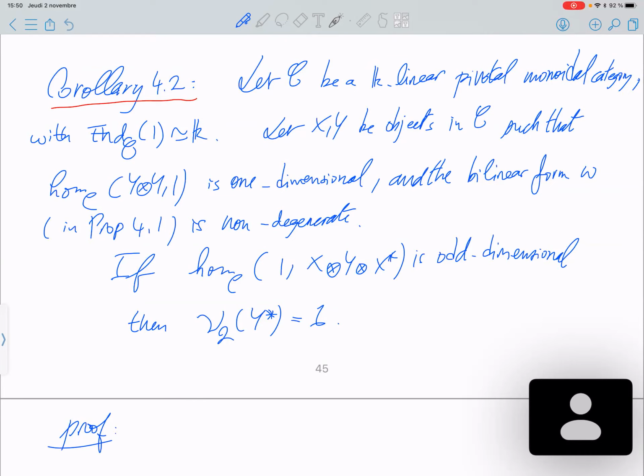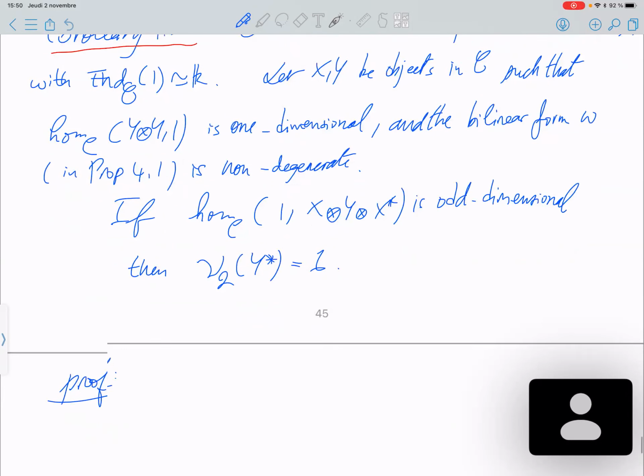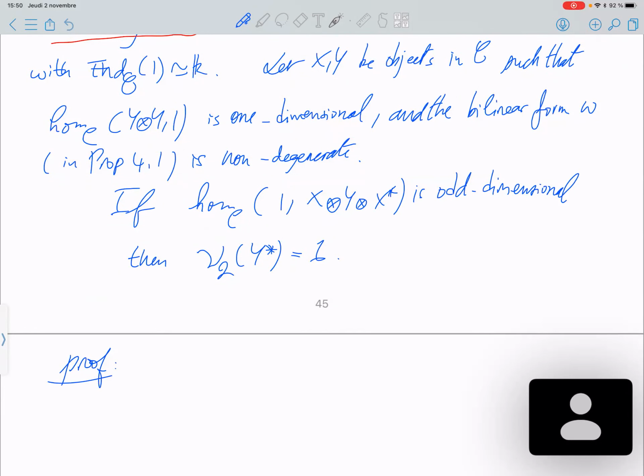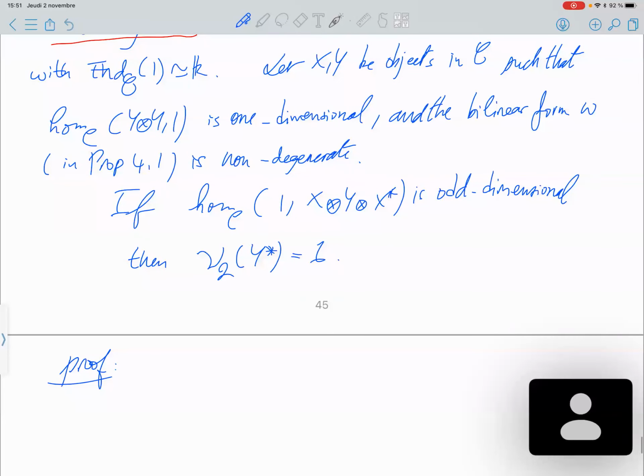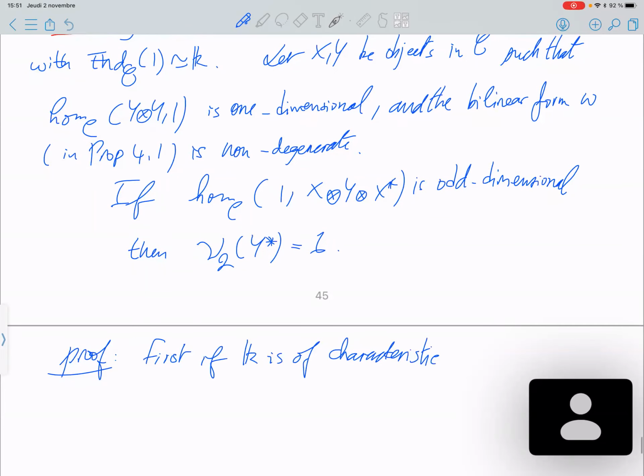In fact, here the field can be of any characteristic. Maybe we need the field to be algebraically closed, we should need that, but we did not assume the characteristic. And in fact, if the characteristic is 2, then it's immediate.